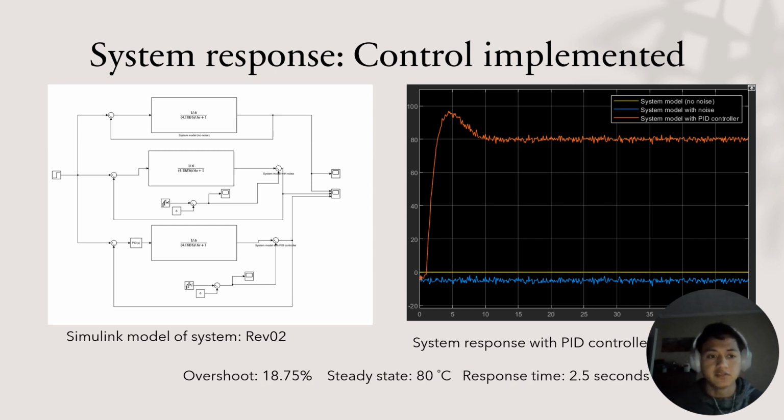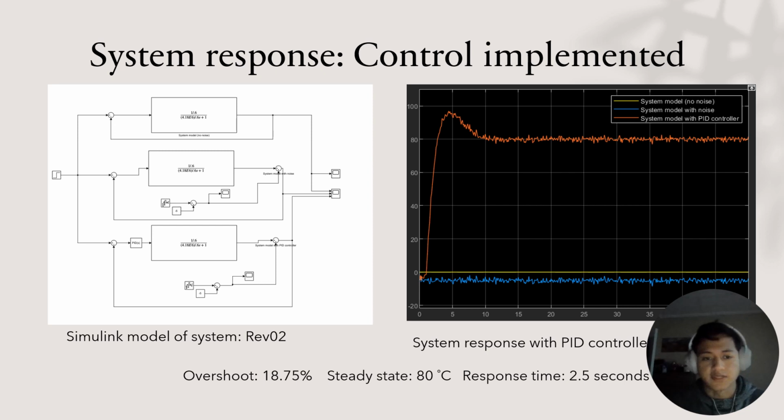The way I tune this PID is so that it gives me a fast response time, and the overshoot for this system doesn't really matter that much, because when you're going into a car that's at 0 degrees Celsius, the ideal situation would be to have a temperature output that gets to 80 degrees as fast as possible. Now here we can see the graph.